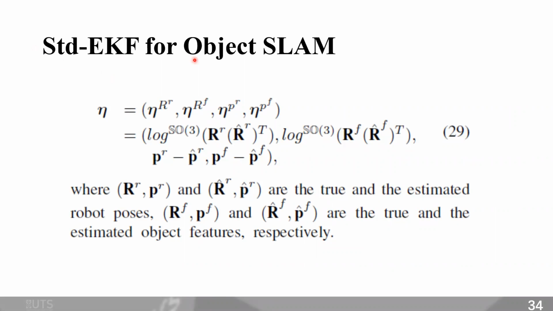And for the standard EKF, the linearization is shown here. The eta here is the error of the standard EKF. You can see the position parts are also linear, and the rotation part is just linear in SO3.